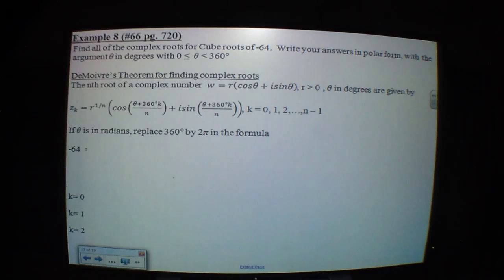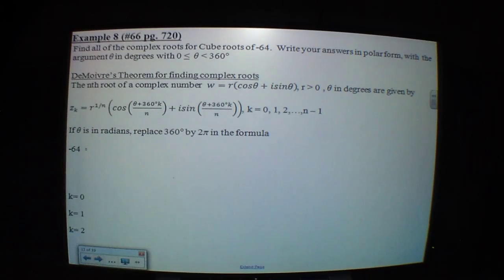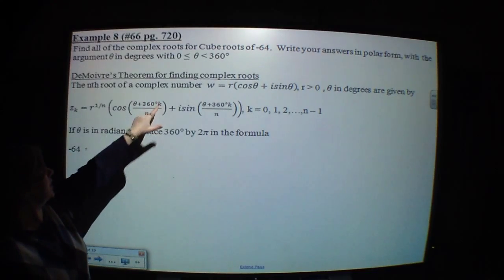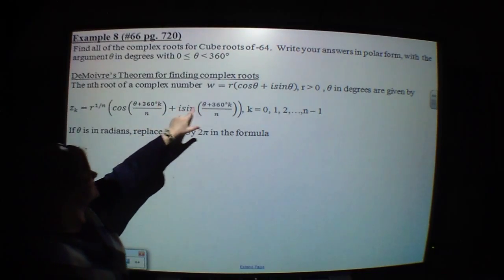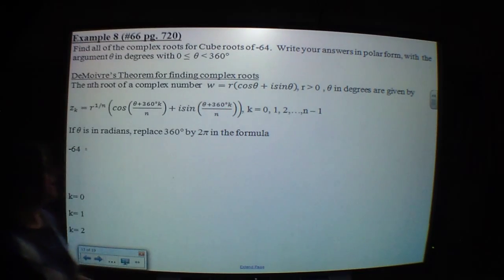The nth root of a complex number, where r is greater than 0 and theta is in degrees, is given by this formula: r to the 1 over n times the quantity cosine of theta plus 360 degrees k over n, plus i sine of theta plus 360 degrees k over n, where k goes from 0 to n minus 1. So there's the formula I want to use.